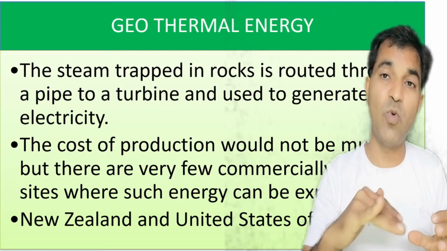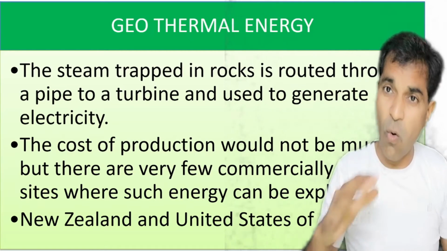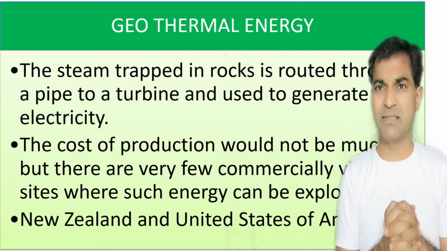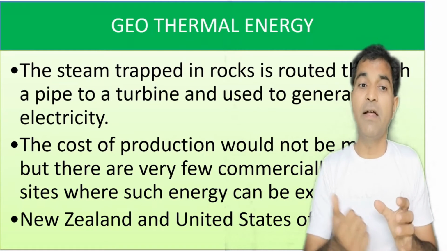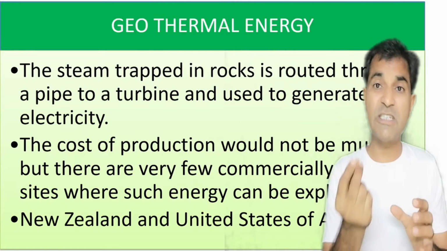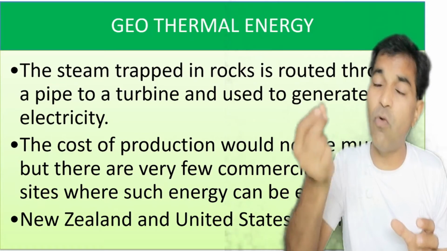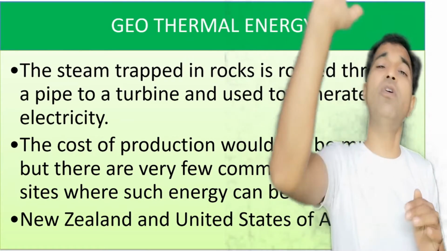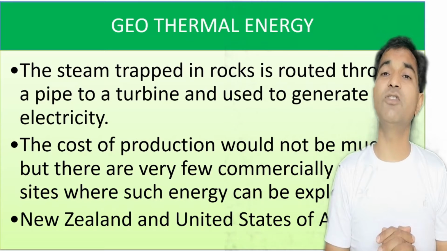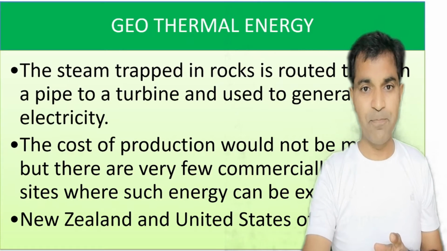If by chance water comes in contact with this hot molten rock, it will get converted into steam, and this steam heats the water on the surface of the earth. It sometimes comes out of the earth's surface, and that is known as a hot spring.